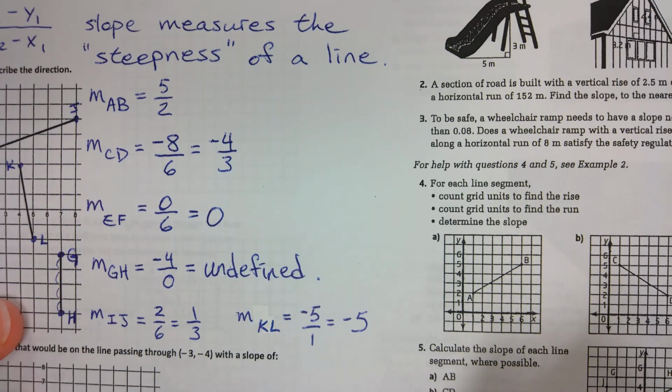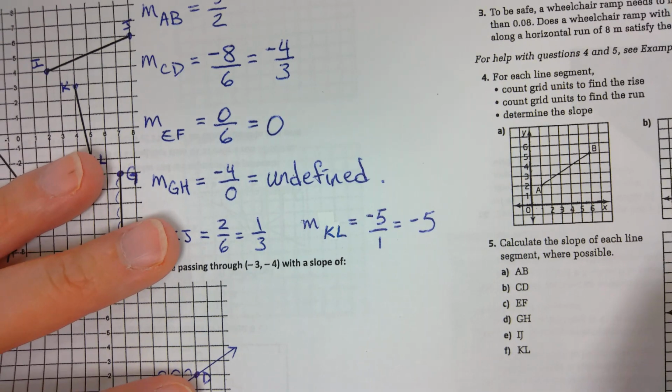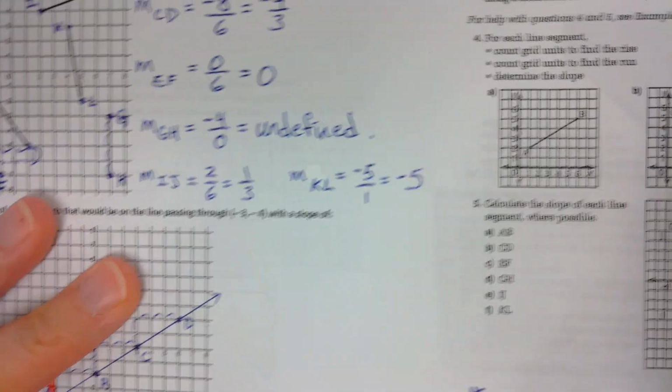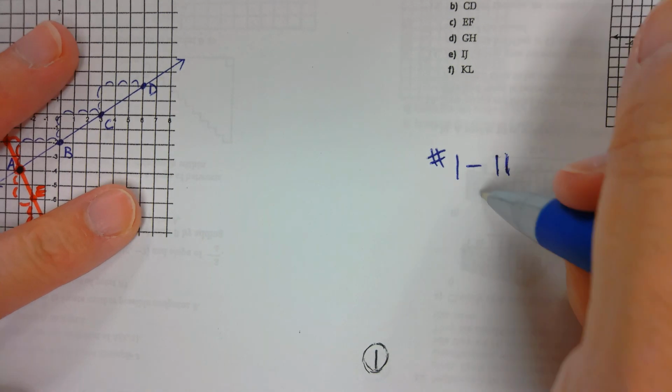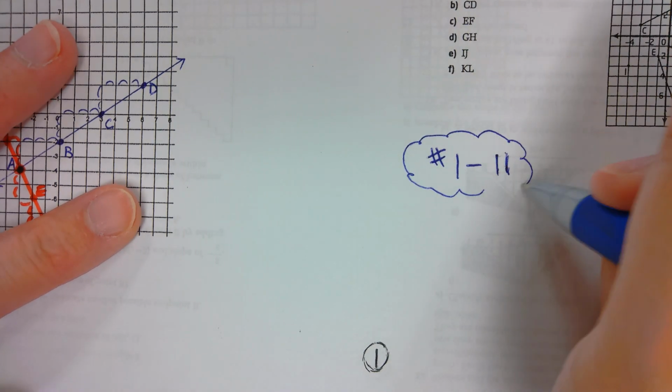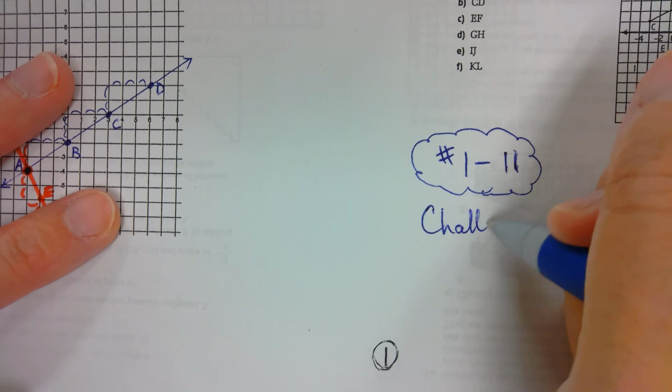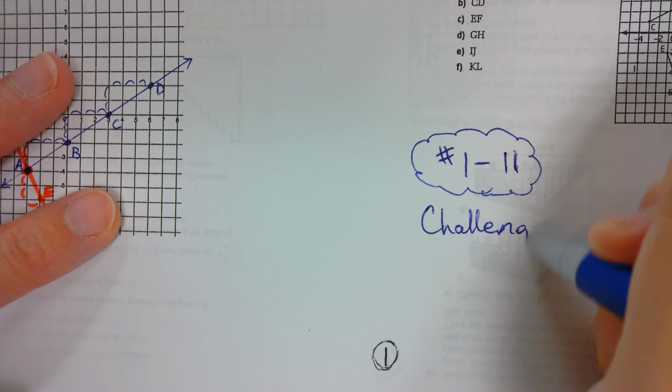Okay, so I would say questions number 1 to 11, and then the challenge questions. Am I that nice that I would give you 2 questions only for homework? 1 to 11, and then the challenge.